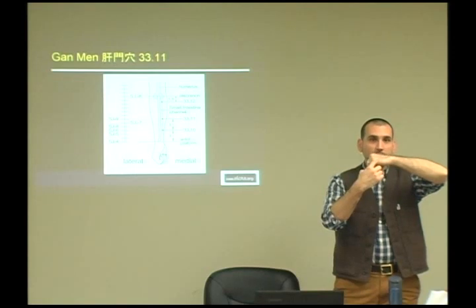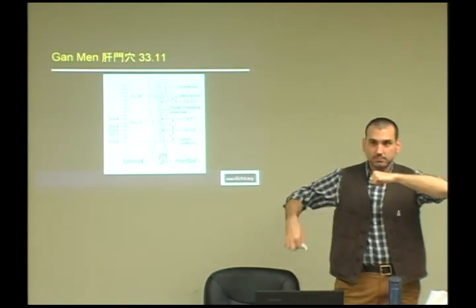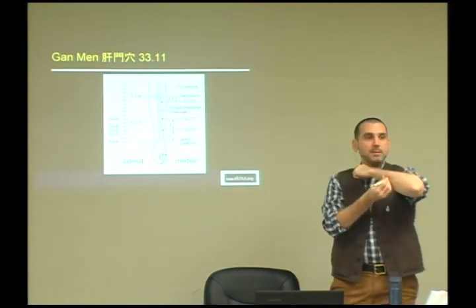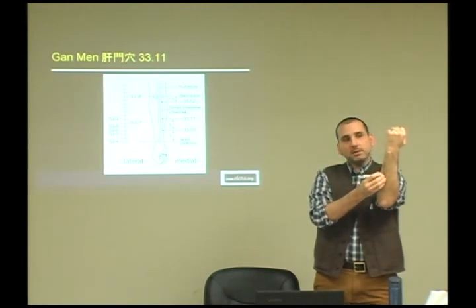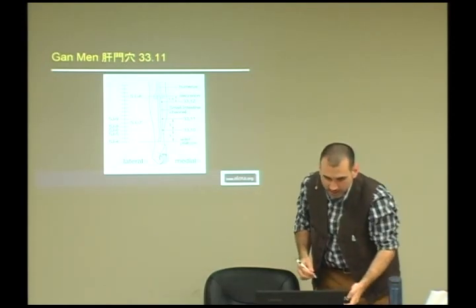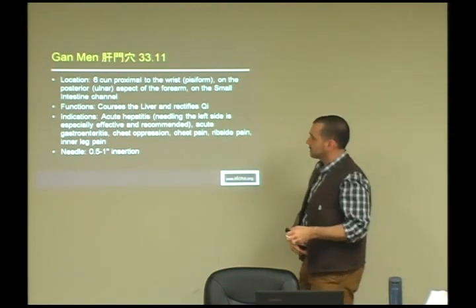So just like you needle small intestine 3 right under the bone, the needle's going this way. The way this needle goes in is the same angle, right? So if I'm needling small intestine 3 this way, Ganmen, liver gate, goes in the same angle, right under the bone. Okay? So classical indications for Ganmen, we see especially acute hepatitis.